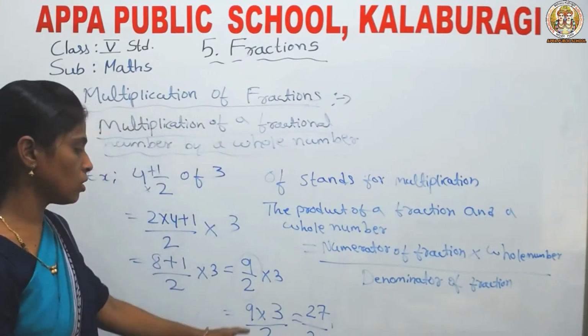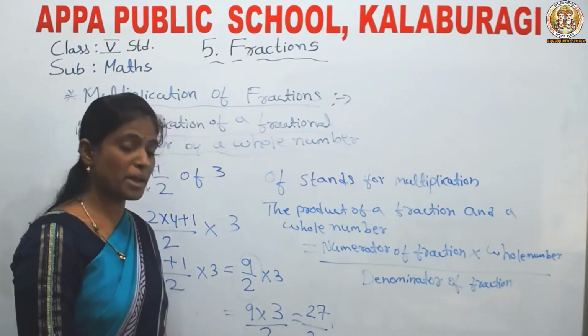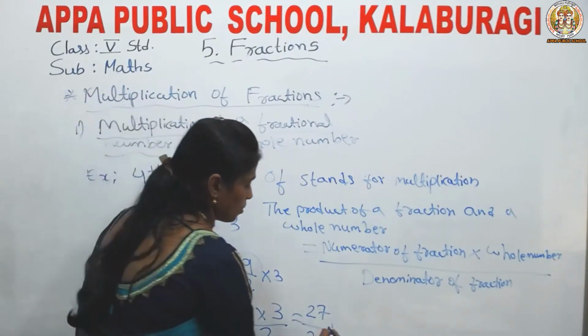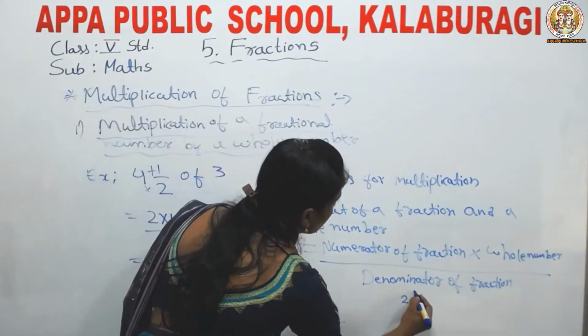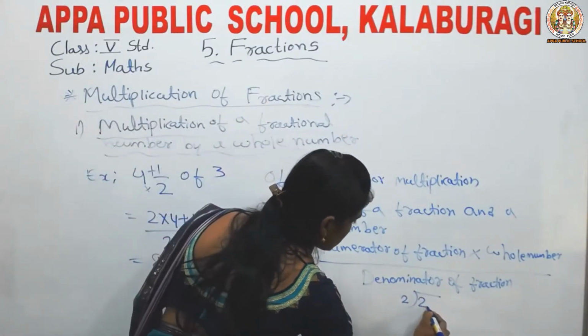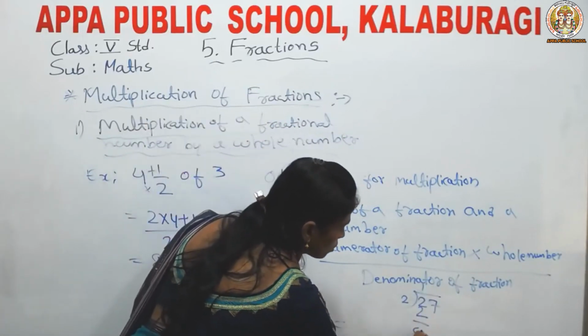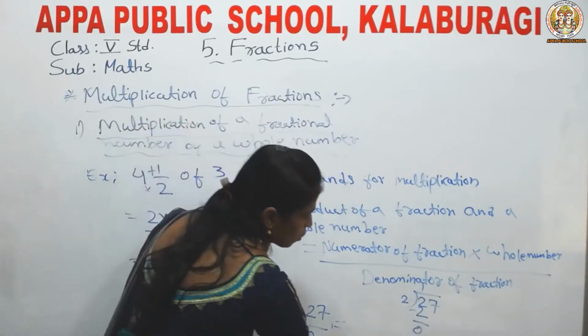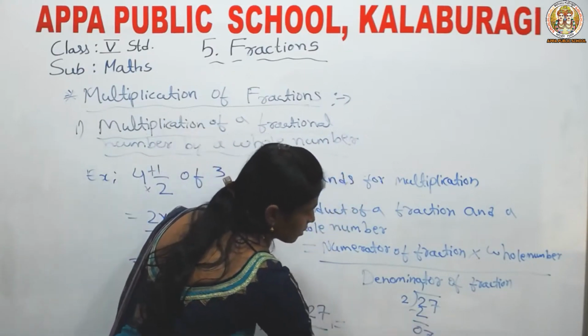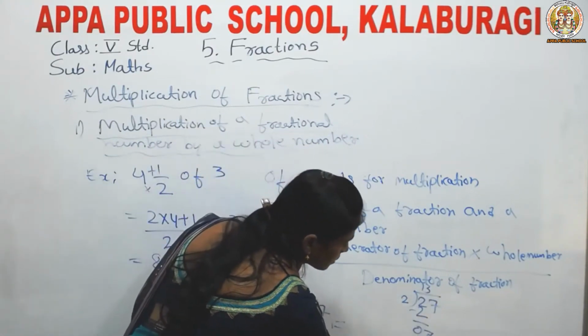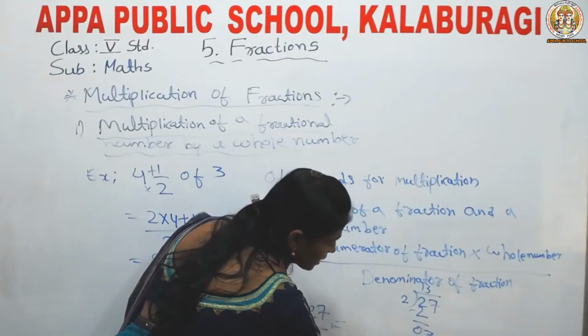Now, we already know how to convert to a mixed fraction using QRD form. Divide 27 by 2. 2 ones are 2, subtract, we get 0. The next number is 7. 2 threes are 6. 7 minus 6 gives 1.